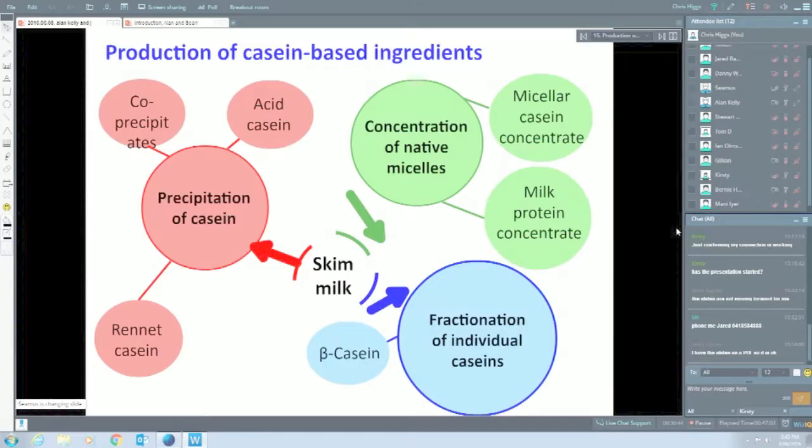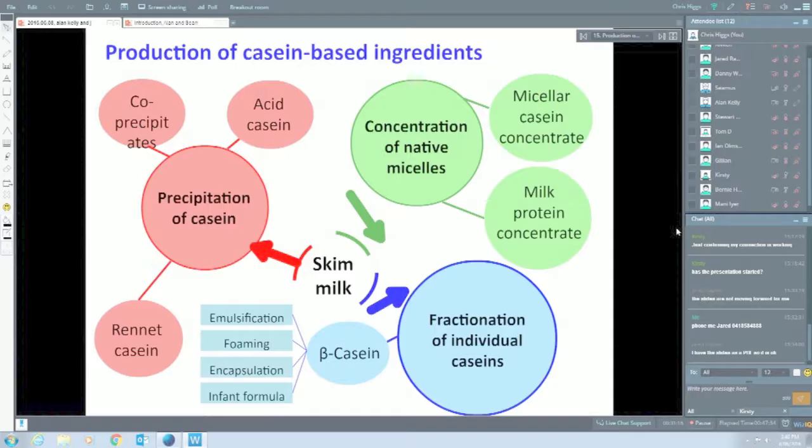So our approach has focused on the fractionation of individual caseins, particularly beta casein, for reasons of wanting to include it in next generation infant formula products, certainly, but also just to mention that there are a number of other very interesting physicochemical and even nutritional functionalities associated with beta casein as well, which we won't go into during the course of this presentation, but it is a very surface active protein as well.